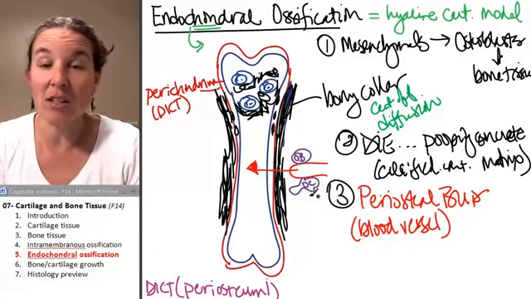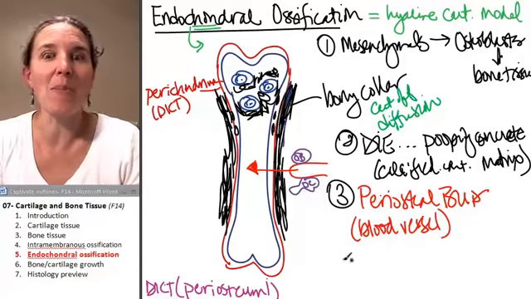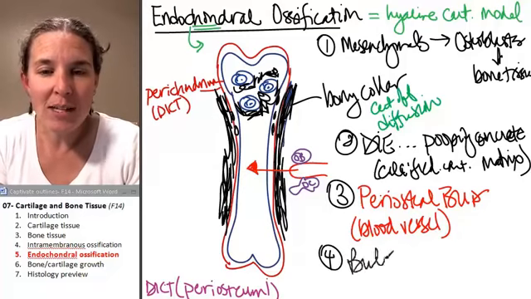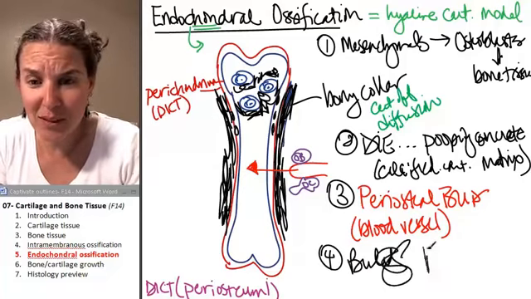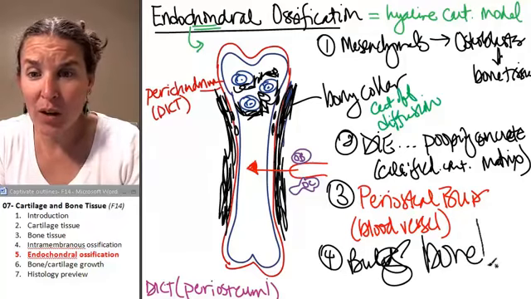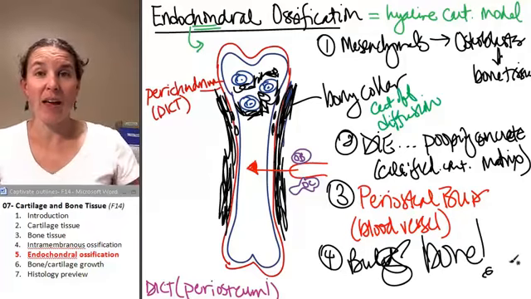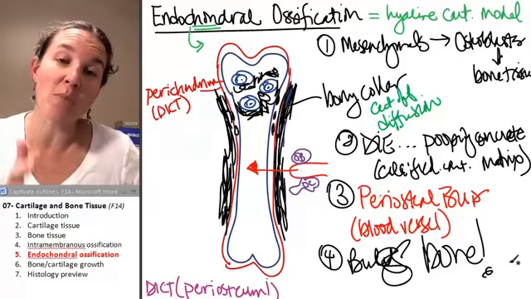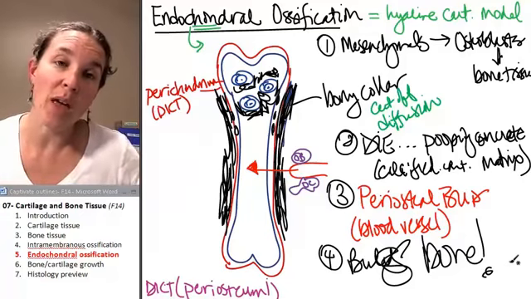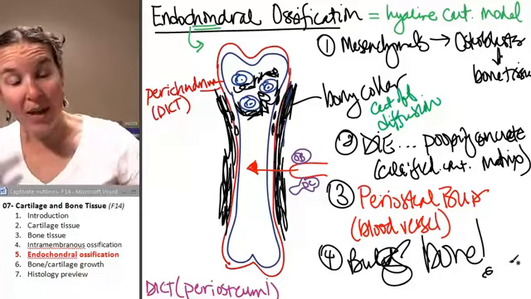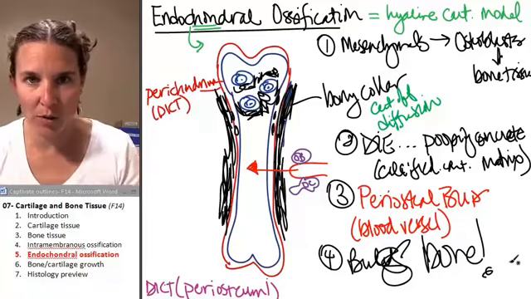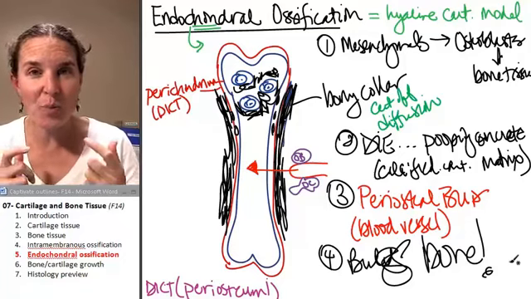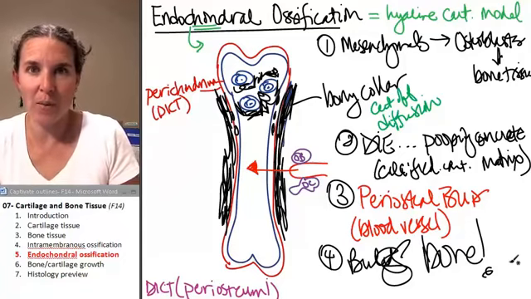The clasts start cleaning up the cartilage matrix. The blasts start building bone. True story. And now we have bone. We're replacing the cartilage model with bone. And we do it all the way until your bones are now bones. They are not little hyaline cartilage models. They're bone organs now.